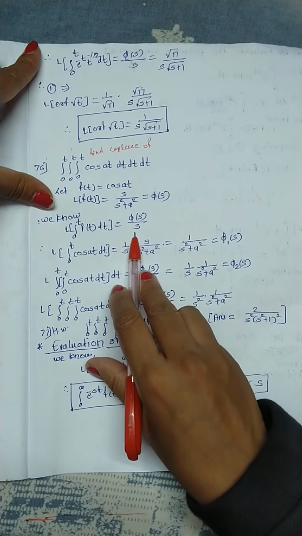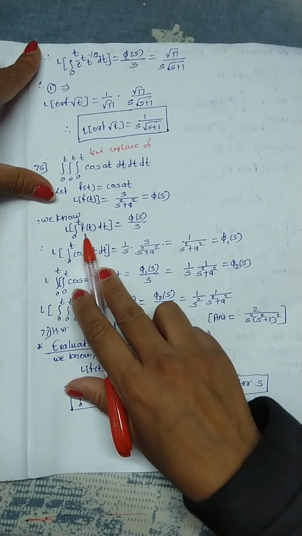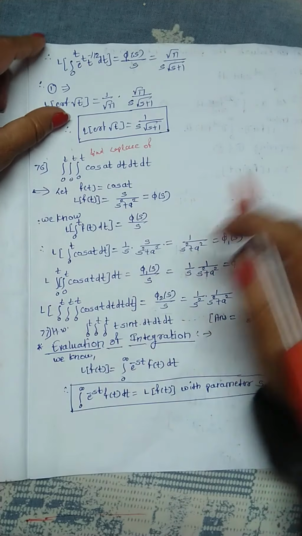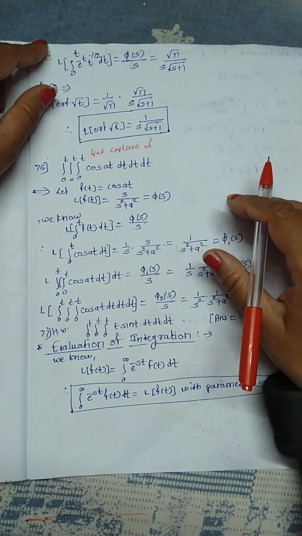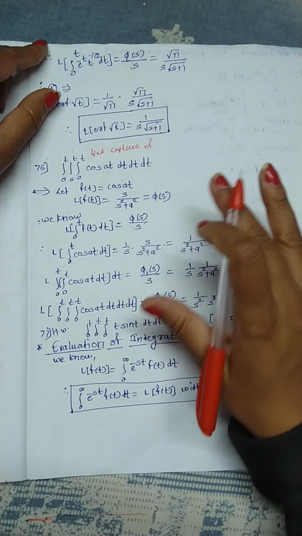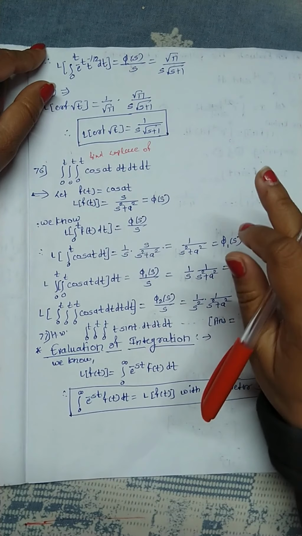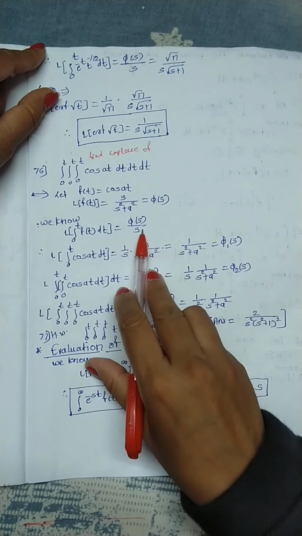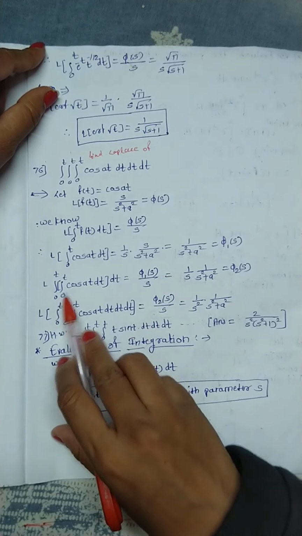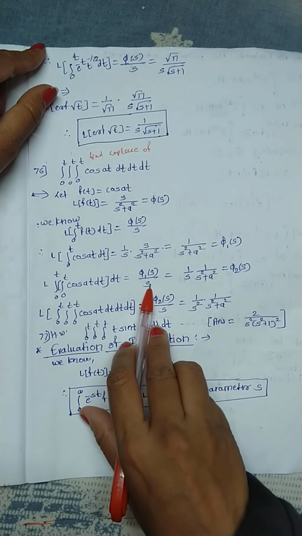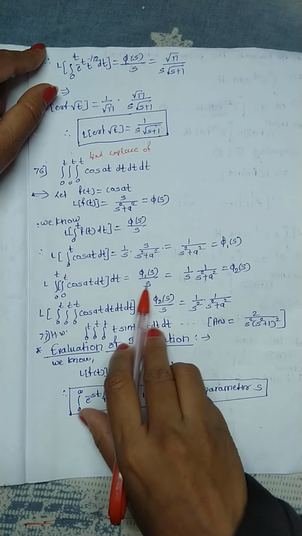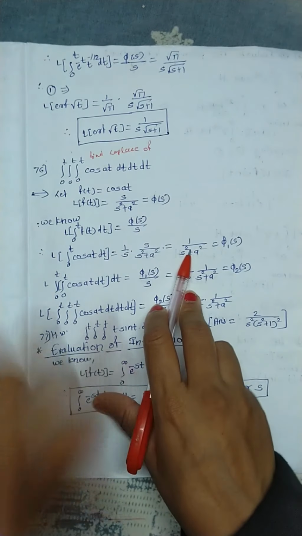Just phi of s upon s. For double integration, triple integration, whatever the number of integrations, you have to just repeat the same formula by division by s only. For one integration, just division by s. For the second integration, division by s of the first integration, and so on.